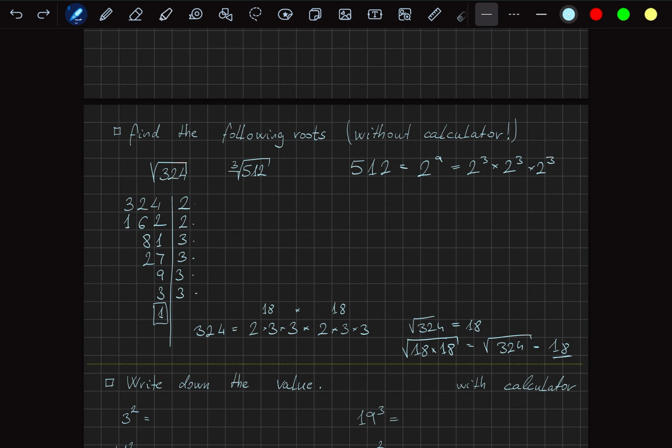So this is why I don't want to break this into the prime numbers product, because I don't have too much place. Okay, so the cube root of 512 equals like this. So it's 2 to the power 3, so it's 8.